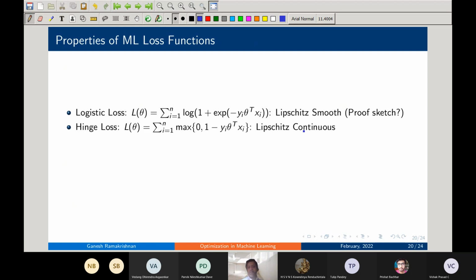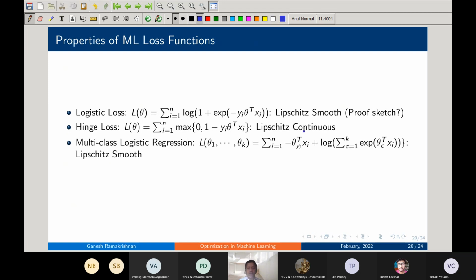Hinge loss is Lipschitz continuous. No direct claim about Lipschitz smoothness. Obviously, it's not. There may be issues of differentiability, not everywhere. Multi-class logistic regression is Lipschitz smooth; it follows from logistic loss in some sense.